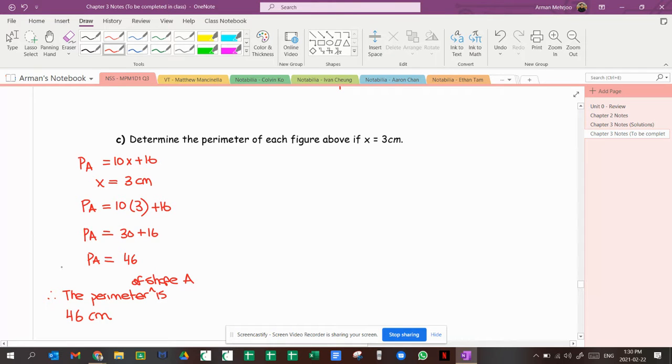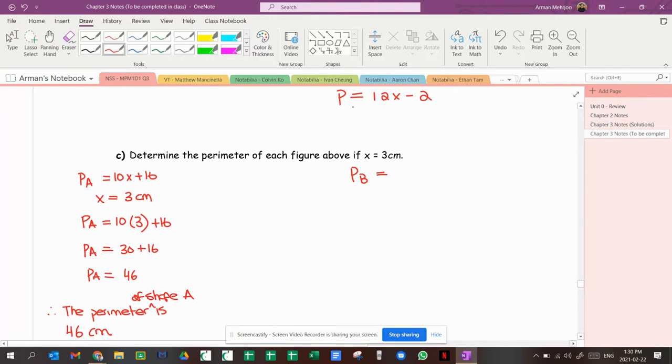And whenever you're doing word problems, always make sure you conclude with a therefore statement. Let's do the perimeter of B. So the equation for the perimeter of B was given by this equation, 12x minus 2. Let's find the perimeter when x is equal to 3 centimeters.